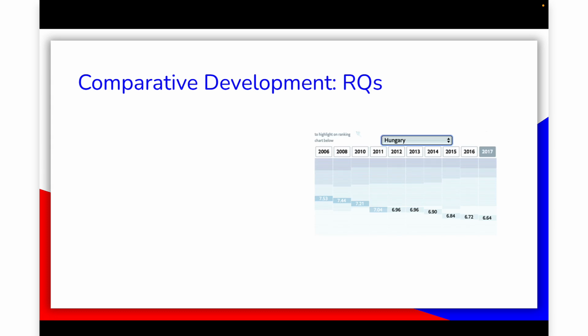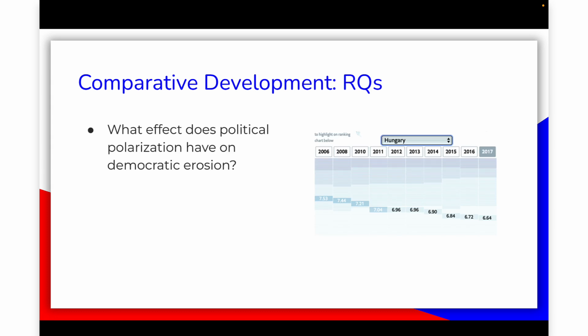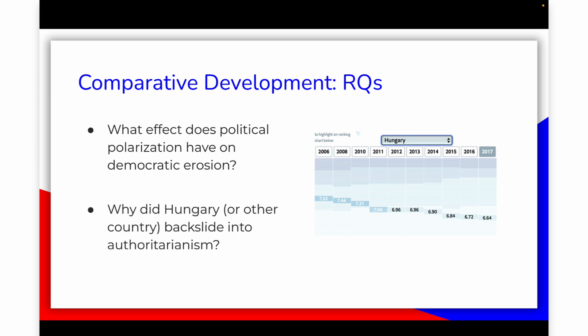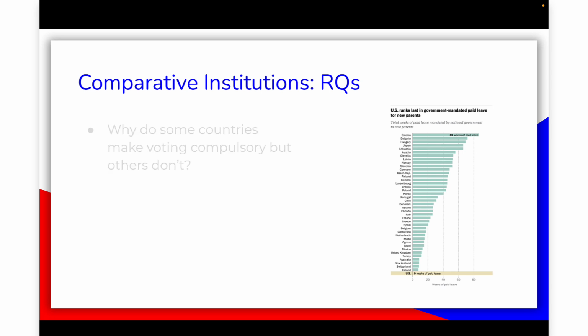So comparative development: what effect does political polarization have on democratic erosion? Or maybe why did Hungary or other countries backslide into authoritarianism? If anything, you should think about comparative development as partially economic, but also mostly about democratic development. Okay, comparative institutions. Why do some countries make voting compulsory, but others don't?